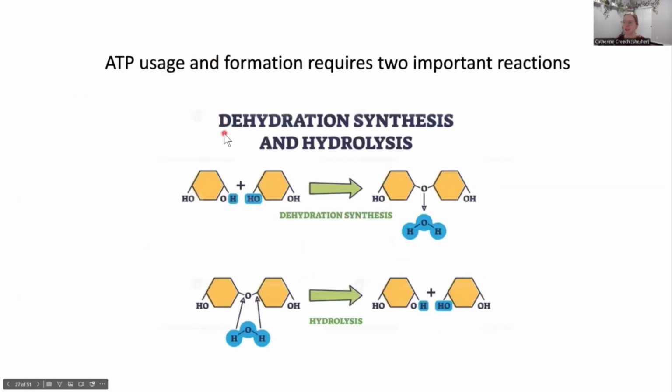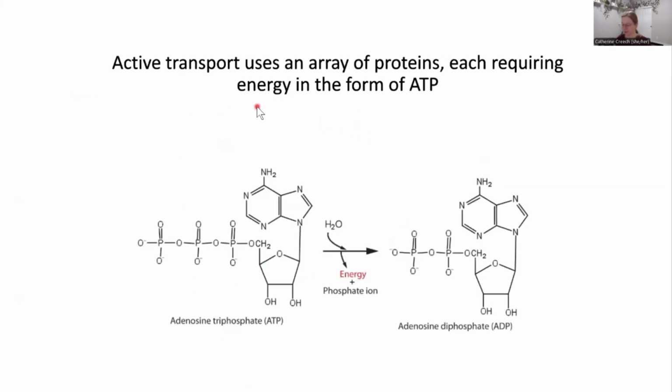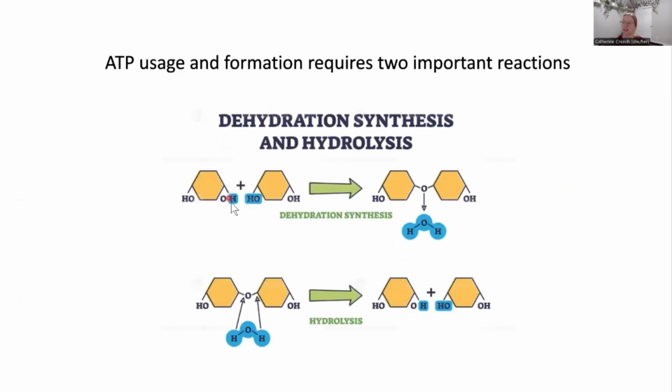So dehydration synthesis is when you are taking your phosphates and you're adding them together and releasing water. So dehydration, you're releasing the water. And synthesis because you're building something. What are you building? You're building 1 molecule out of 2 molecules.